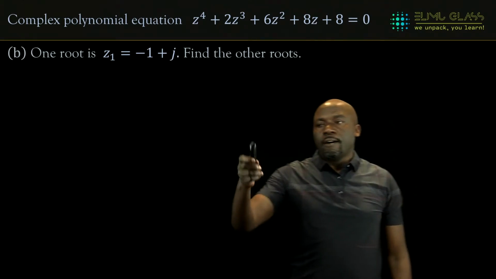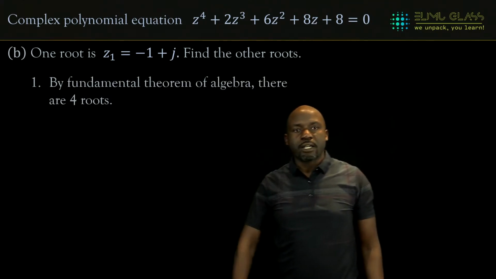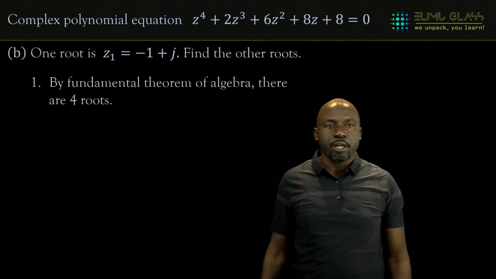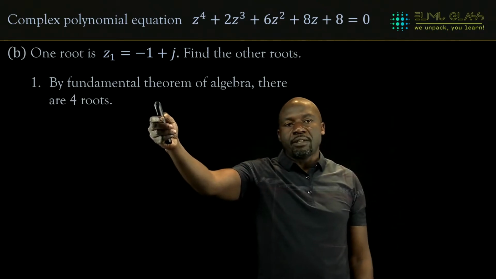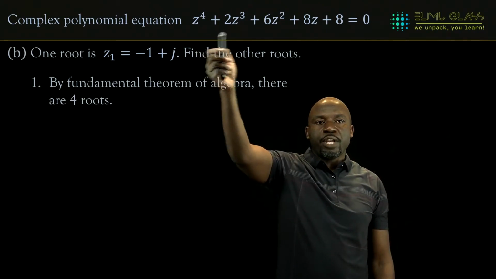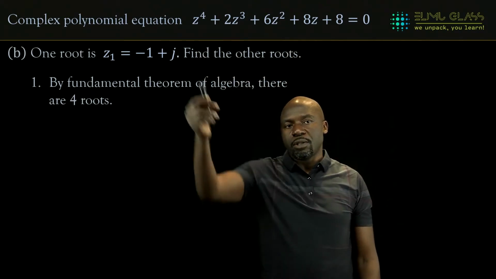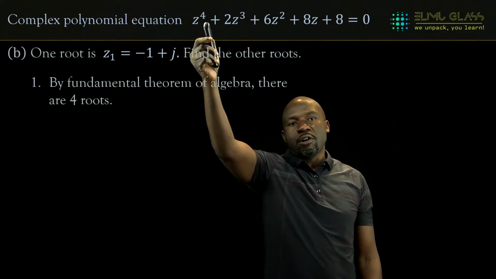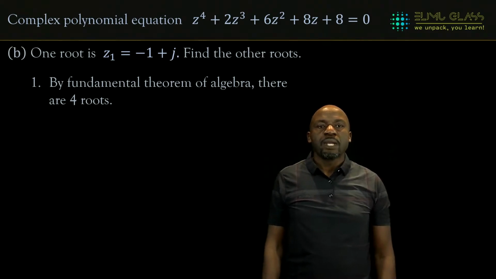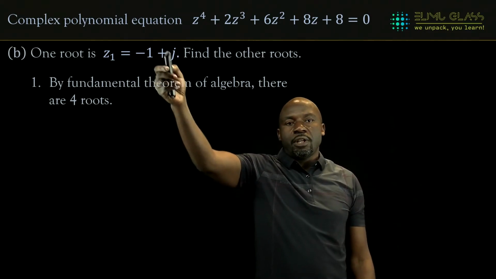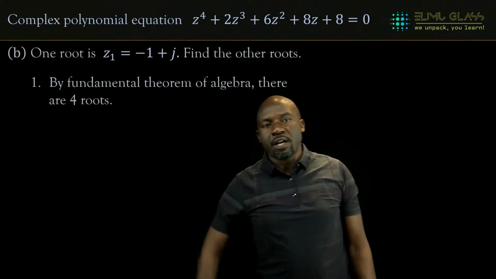So first fact that we need to know is the fundamental theorem of algebra, and by that fundamental theorem we know that we expect to have 4 roots because this is a polynomial of 4th degree or of 4th order. Okay? Now, the first root has been given as -1 plus j.